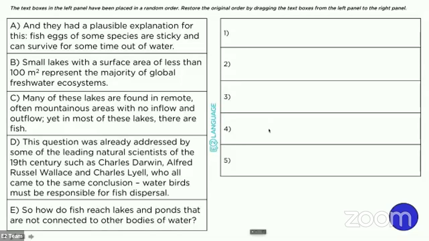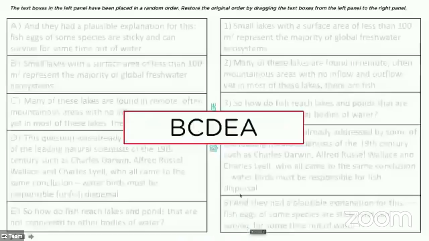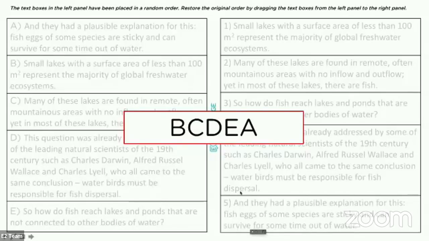Okay, that's 2 minutes, and I think that's plenty of time to do reorder paragraph. The answers are B, C, D, E, A. Okay, I don't think that's right. Just let me check. No, that's not correct. Hang on, something's wrong here.